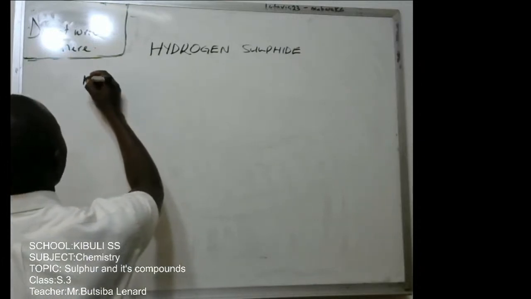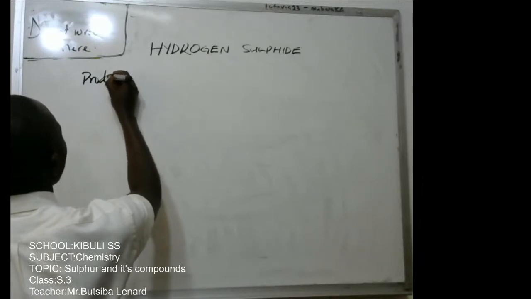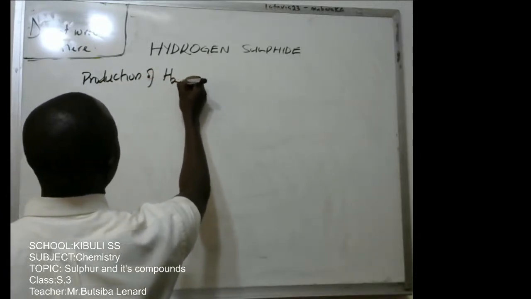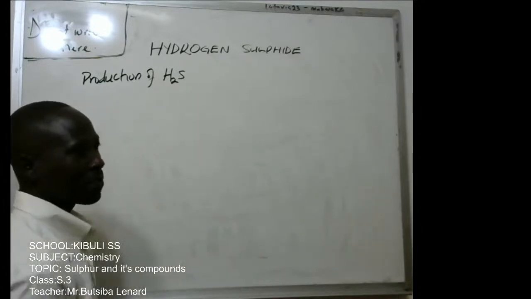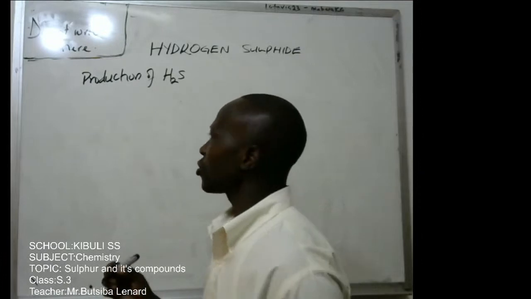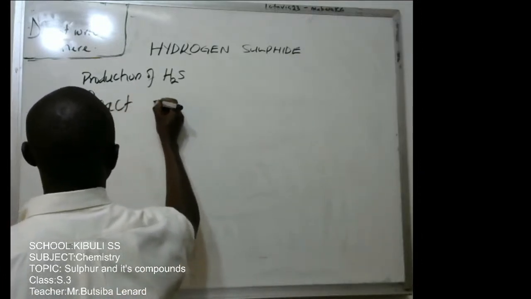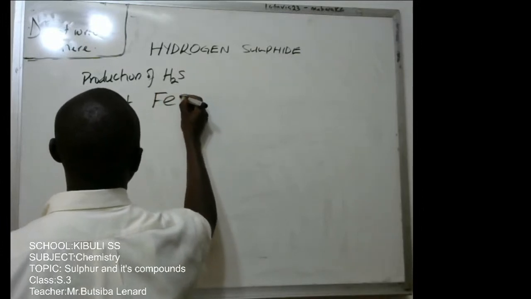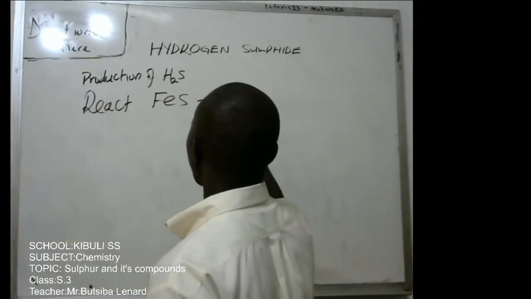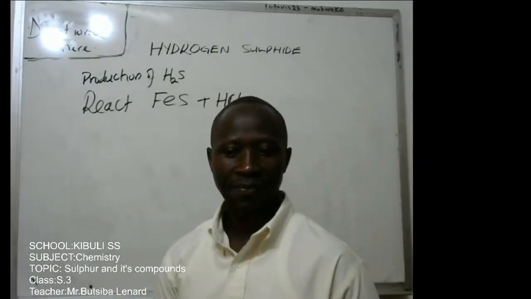So if at all we are supposed to look at hydrogen sulfide, how do we look at the production of hydrogen sulfide, which is a gas? It is as a result of a reaction between iron 2 sulfide and dilute hydrochloric acid.